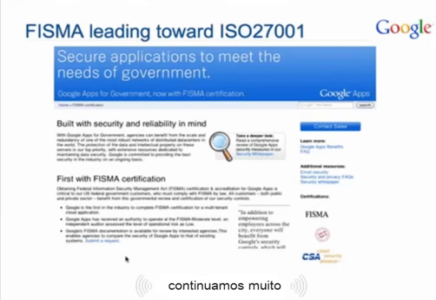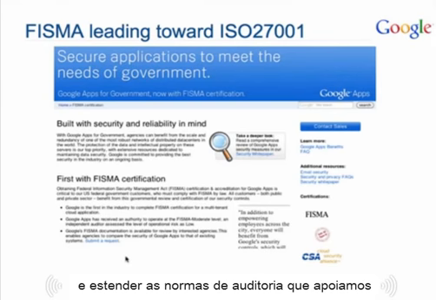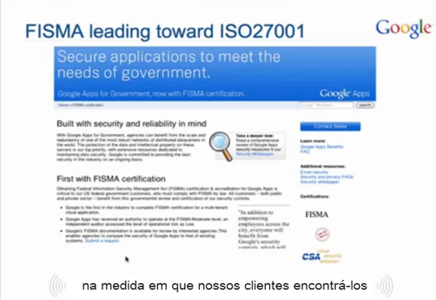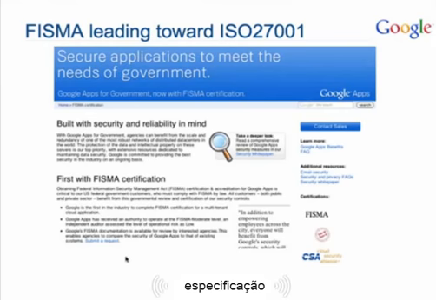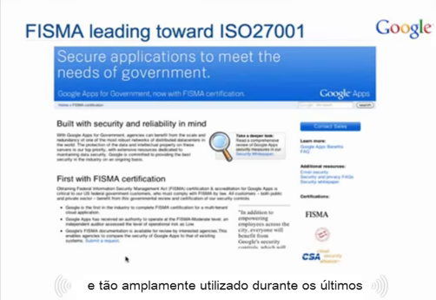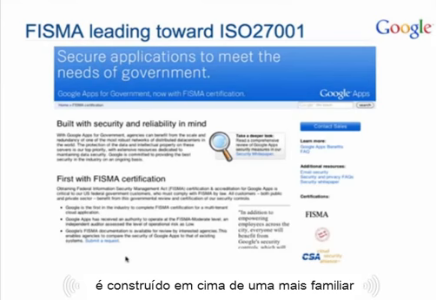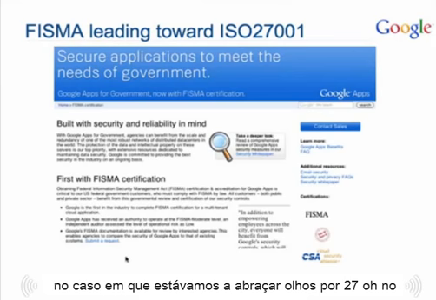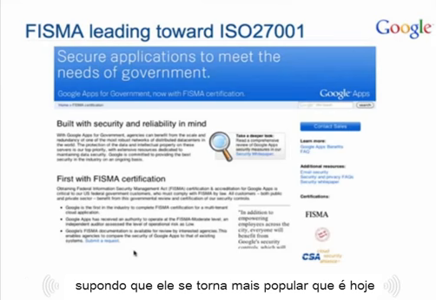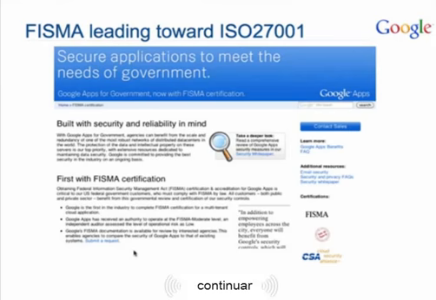We continue to embrace and extend the auditing standards that we support to the extent that our customers find them useful. For example, the FISMA specification, which is part of a federal government standard that's widely used here in the US, is built on a more familiar foundation of ISO 27001. In the event that we were to embrace ISO 27001, assuming that it becomes more popular than it is today, it's conceivable that we might go ahead and extend our certification to include that.